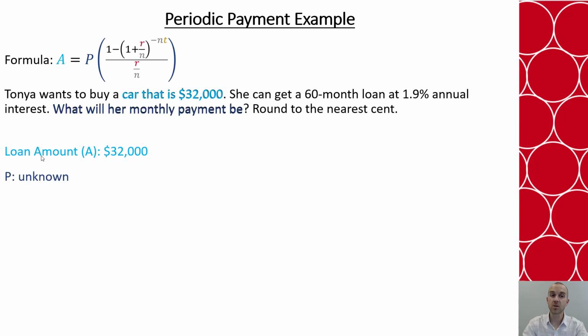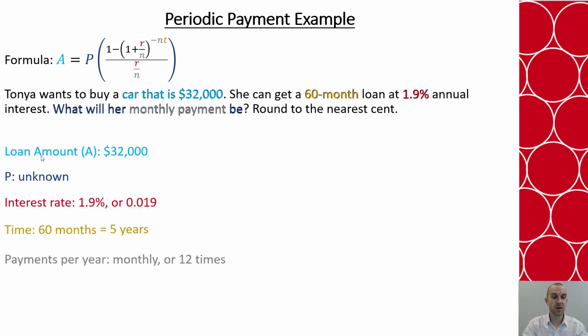That's what's unknown in this case. We know that it is going to be 1.9% or 19 thousandths. We know that the loan goes for 60 months, but remember, we write this in years, so that's 5 years. And then we know also that the payments are being made monthly, so that's 12 times a year. So we have our information and we substitute into the formula.